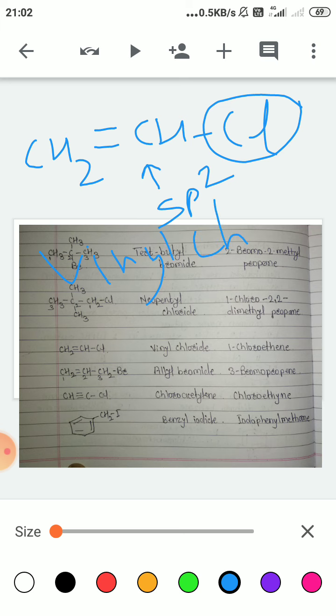As it is chlorine, therefore vinyl chloride. This is the common name for CH2=CHCl.